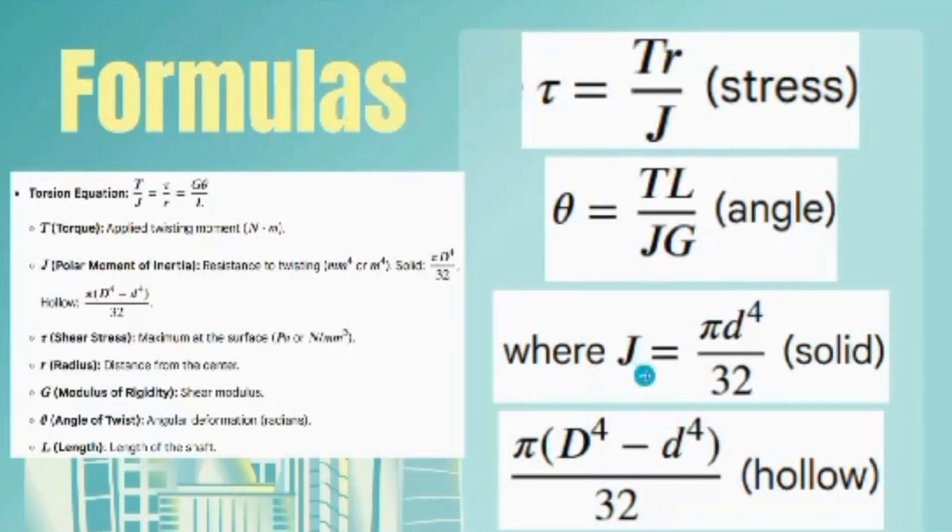And here, polar moment of inertia equals pi d raised to the power of 4 over 32, and this is where we got the solid shaft.